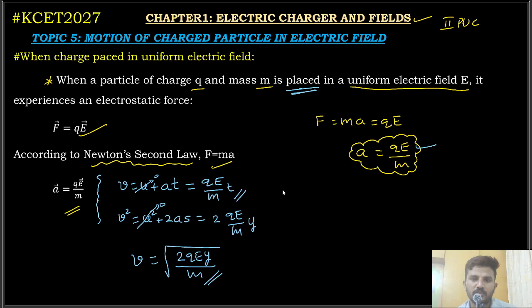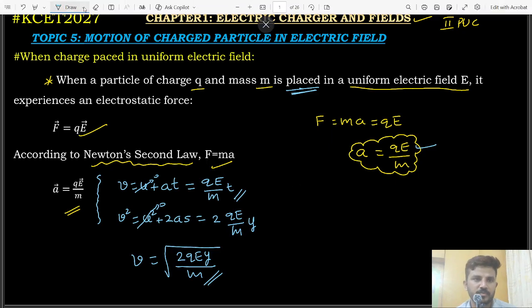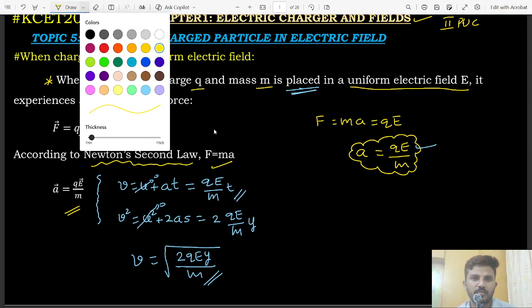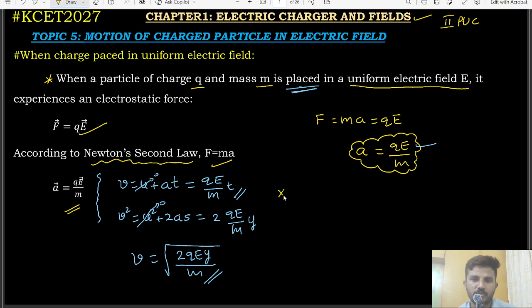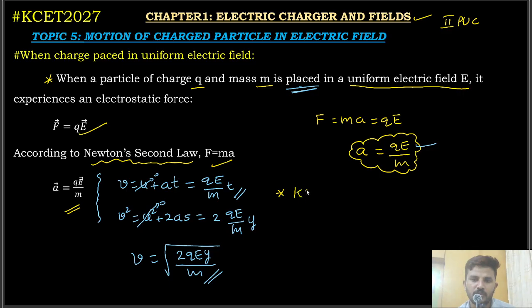By using this, we can find the kinetic energy. What will be the kinetic energy after some time? This is very, very important for your KCET exam. Kinetic energy is given by half mv square. If we substitute the v value, we get half into m and m square, in which one m will get cancelled.